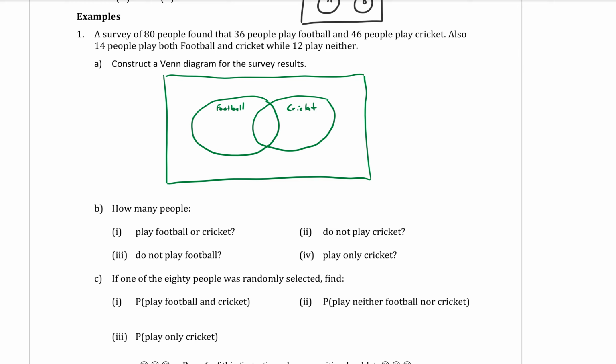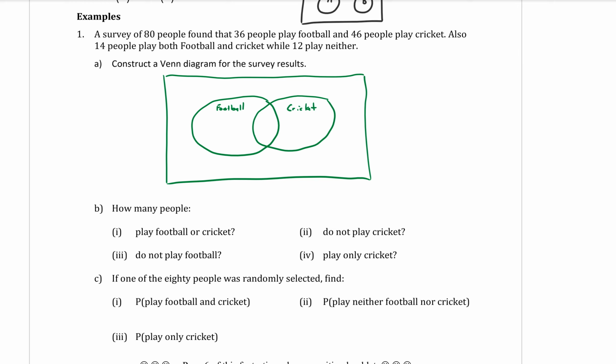All the numbers that I put in this diagram need to add to give 80. Okay, but at the moment I can't really use that number, but let's keep going. 36 people play football. Again, I can't put that number in because 36 people play football would be both of those two numbers. Okay? 46 people play cricket, but that's going to be both of those two numbers.